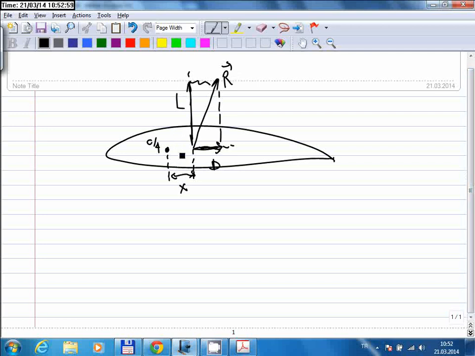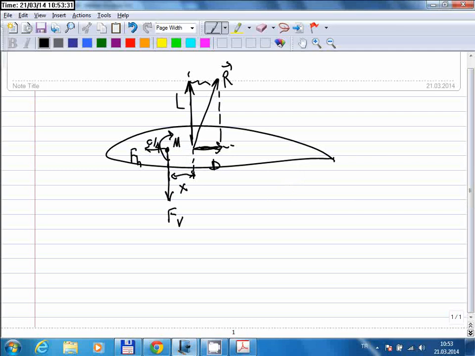Okay, so anyway, this is what we measure, right? We measure the vertical force, Fv, the horizontal force, let me call that Fh, and then we measure the moment, let me call this just M. Since the airfoil doesn't move, net forces should be zero.